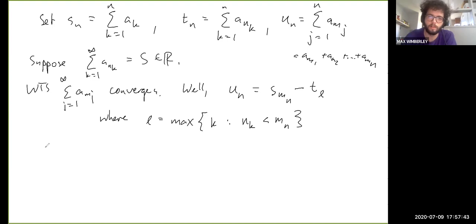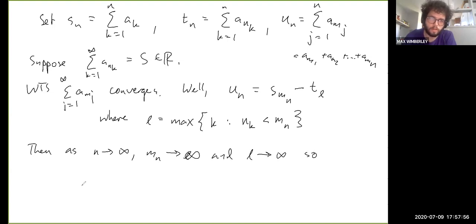So as N goes to infinity, M_N goes to infinity, and L goes to infinity. So UN approaches the sum of K equals 1 to infinity AK minus S.